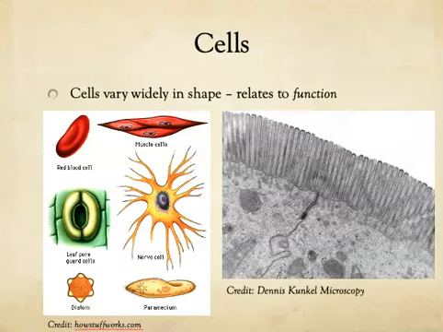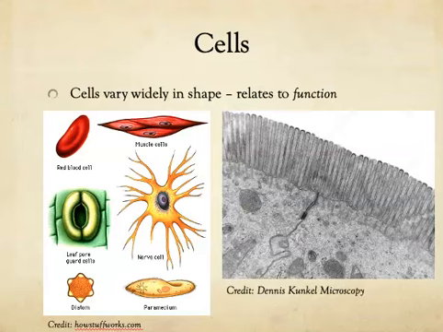Now, just as cells vary tremendously in size, cells also vary tremendously in shape. And it's important to know that the shape of a cell is tightly related to its function. Form and function go together.